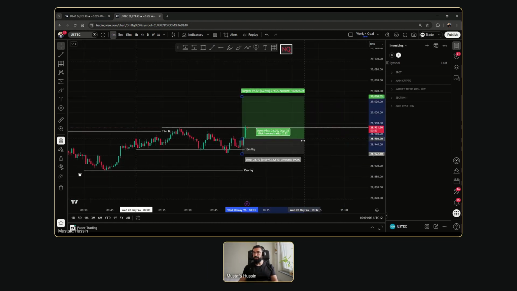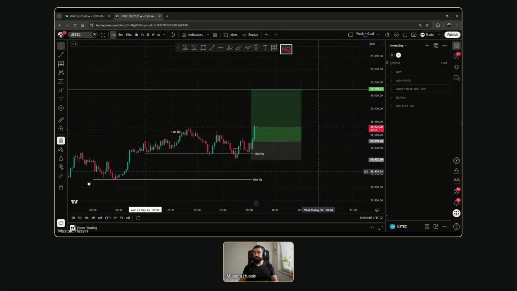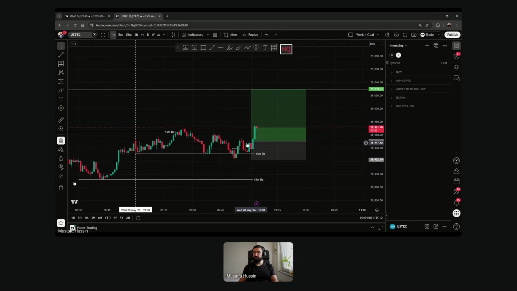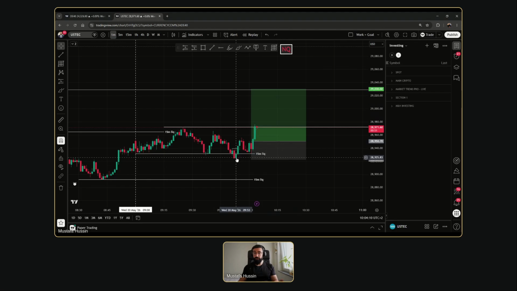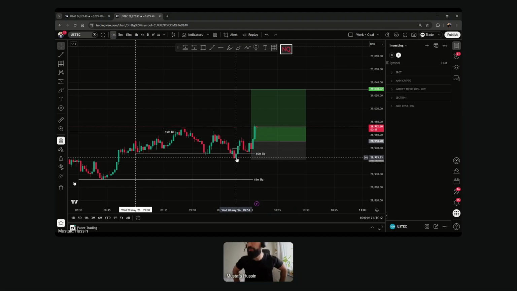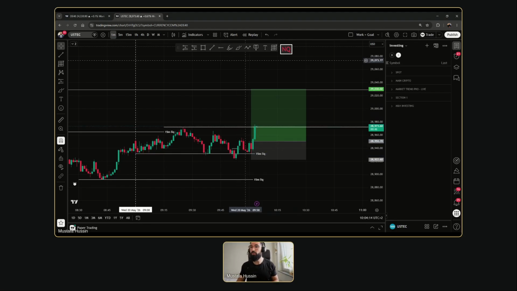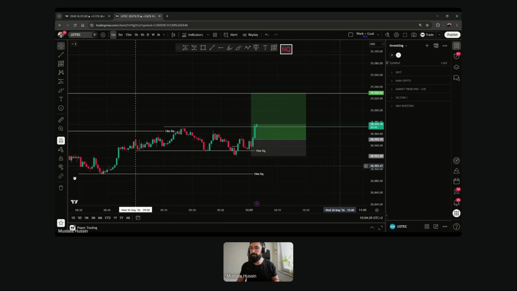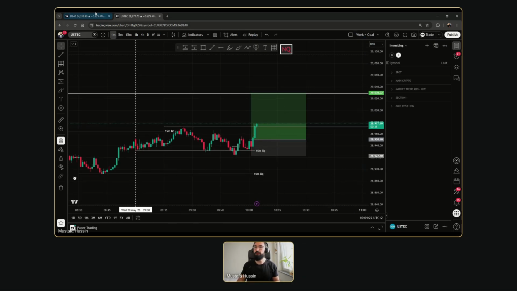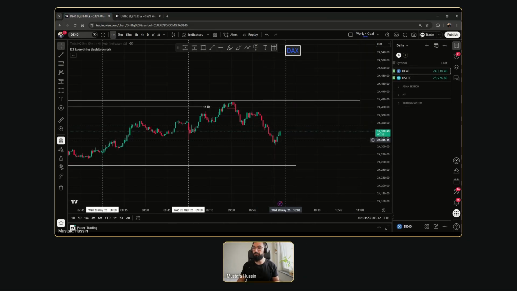I'm not very happy with the entry because it gave us a larger stop loss, but good, beautiful, beautiful setup. And we even waited. I even waited for the fair value gap reaction on this one right here.